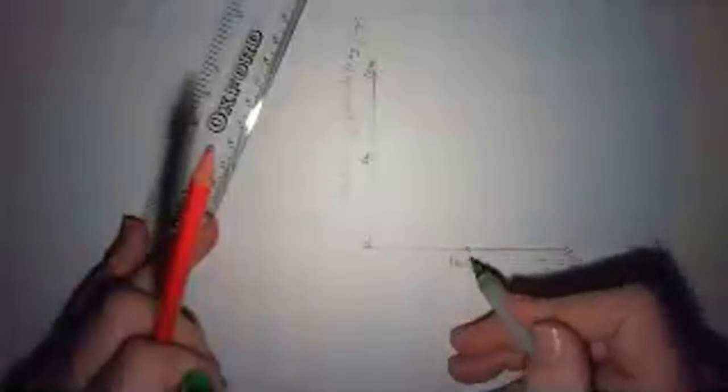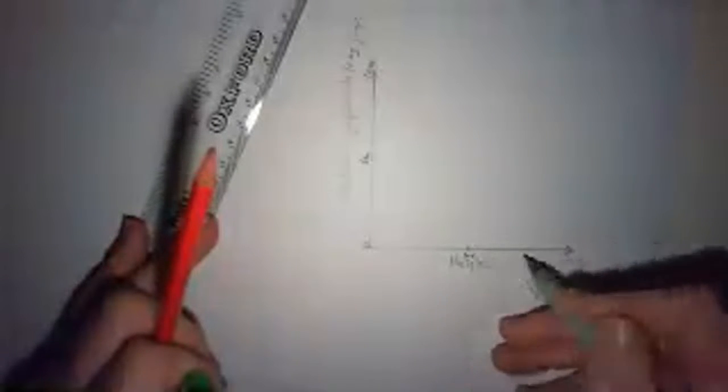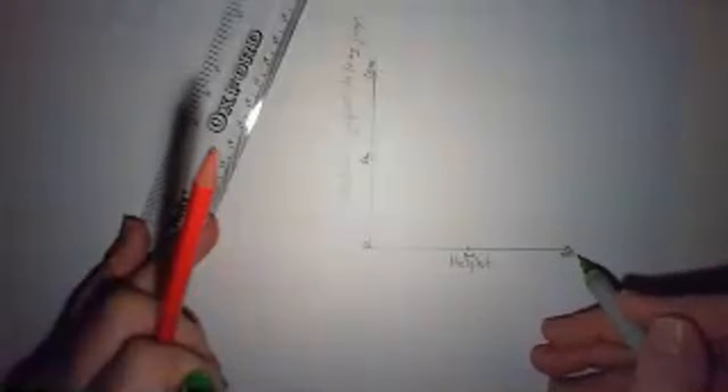So let's say there's some type of relationship between height as it gets bigger and the long jump. Okay, so that's 10 meters, let's say, and there's 5 meters, and there's 0, and then there's 1 meter, and there's 2 meters height.